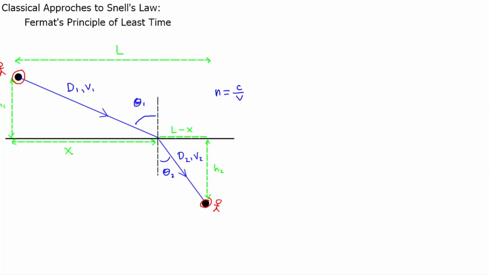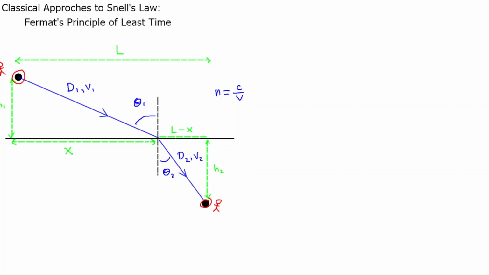Maybe he's running on pavement along path D1, and then along sand on D2, where you have different speeds, V1 and V2. Most lifeguards don't study this, but if they did, they would be well advised to think about Fermat's principle of least time.